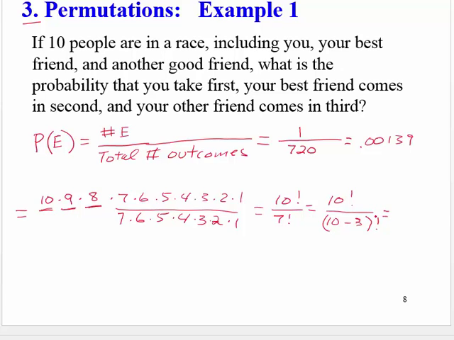And that is equal to 720. And that is this thing called permutations. 10 permutations, 3 spots. 10 permutations, 3.